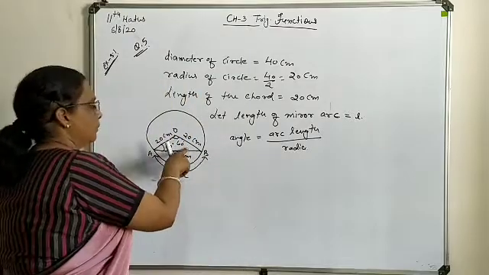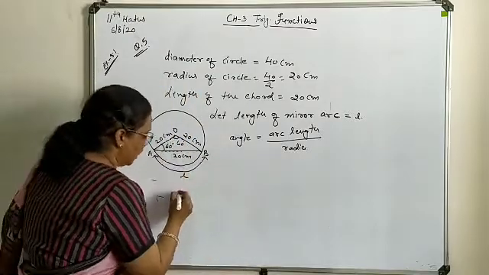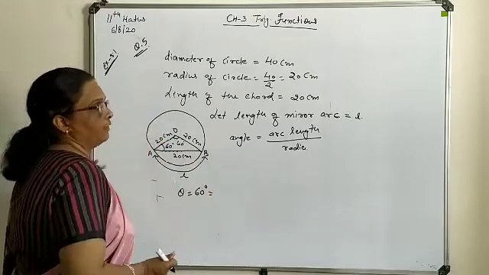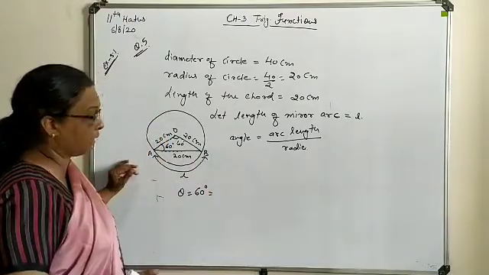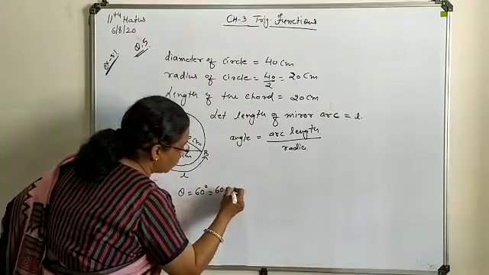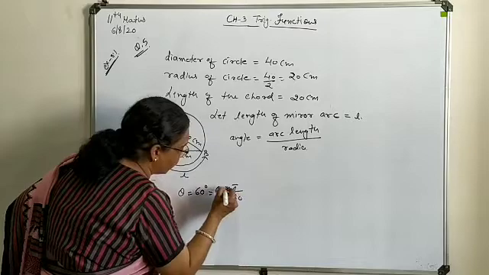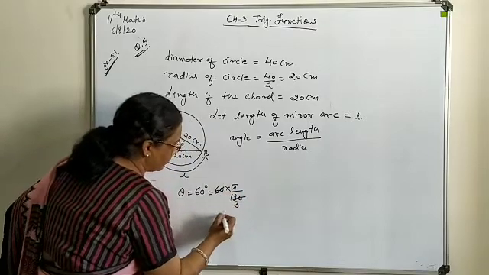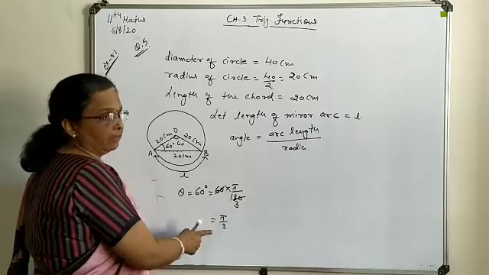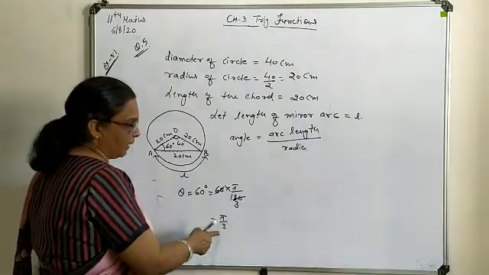Here the angle theta is 60 degree. Because we have to find the length, obviously it has to be converted into radian form. So this is 60 into pi by 180, converted into radian. It will be cancelled, so it turns out to be pi by 3. So in place of theta we will now write this radian value, pi by 3.